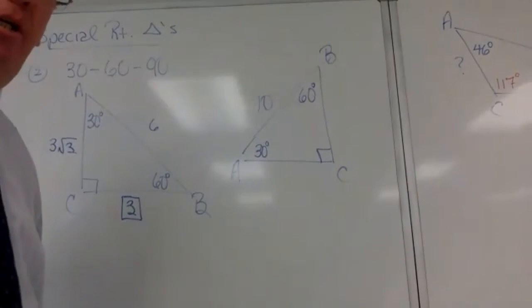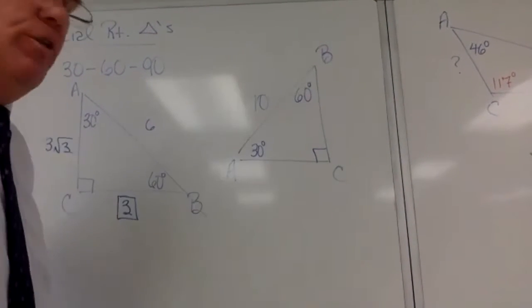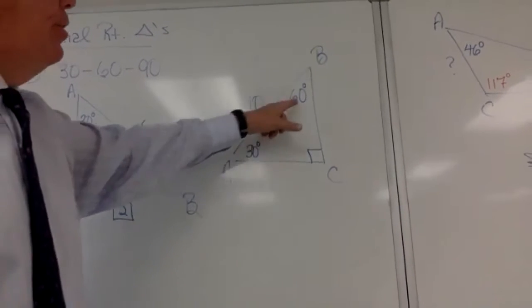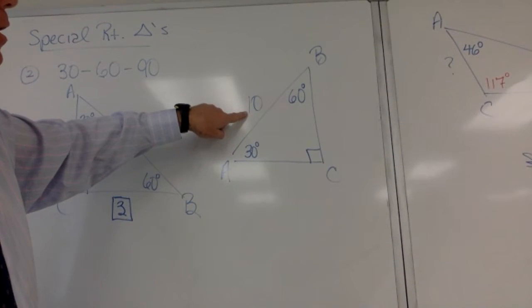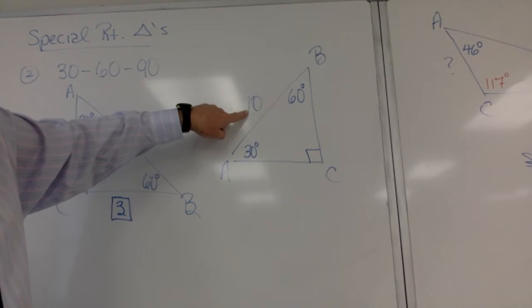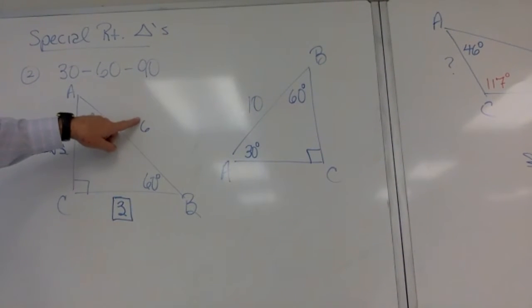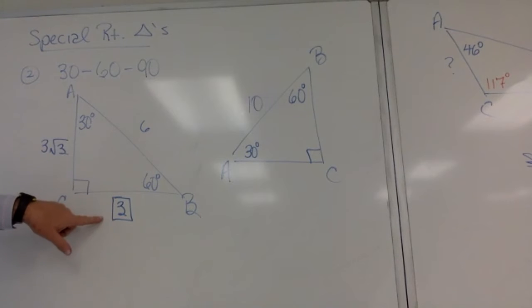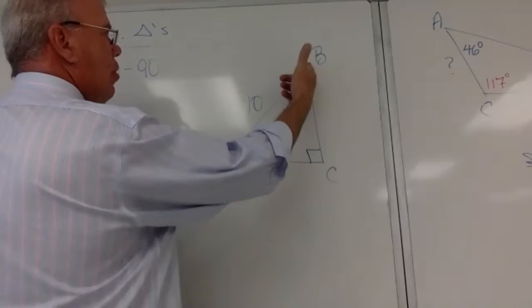All right, now pay attention. I could use a trig ratio to figure out the 2 sides, but I don't want to do that, right? Because I know what? 30, 60, 90. What side do I know? The hypotenuse, right? So what did I say was the hypotenuse? 2 times the shortest side. So which is the shortest side, A or B?